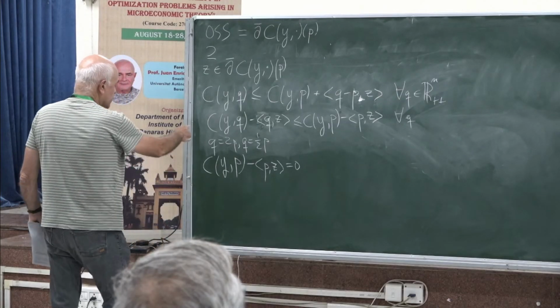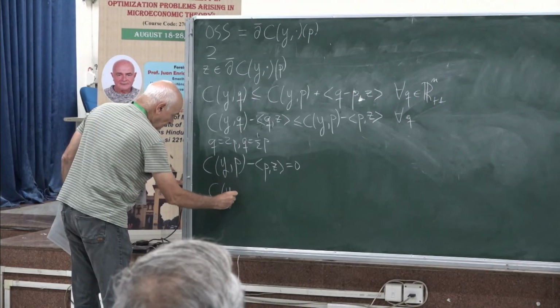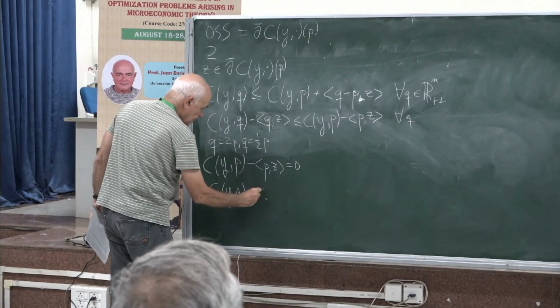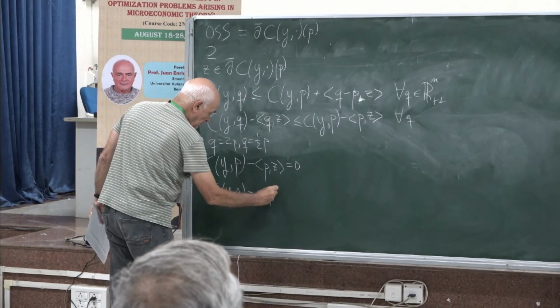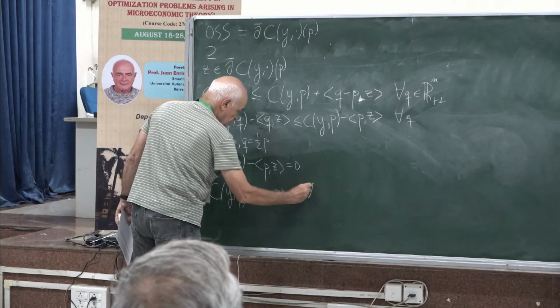Which means that this inequality reads C of y, q minus q, z is less than or equal to 0 for every q.